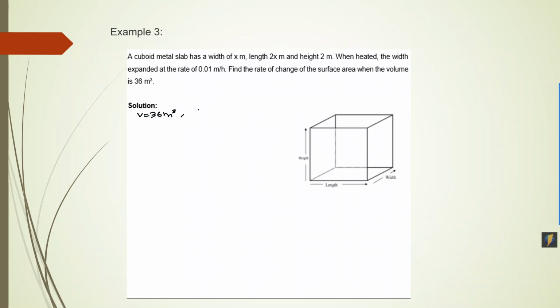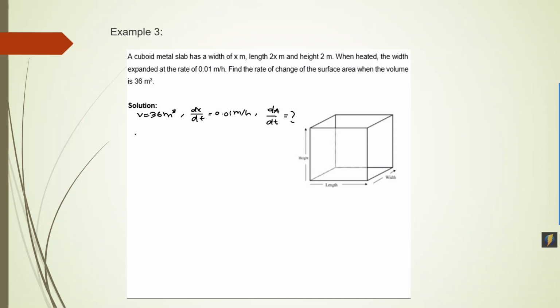Okay, so we have volume equals 36 meter cubed. Then we have dx over dt equals 0.01 meter per hour. So we need to find dA over dt, the rate of change of the surface area.